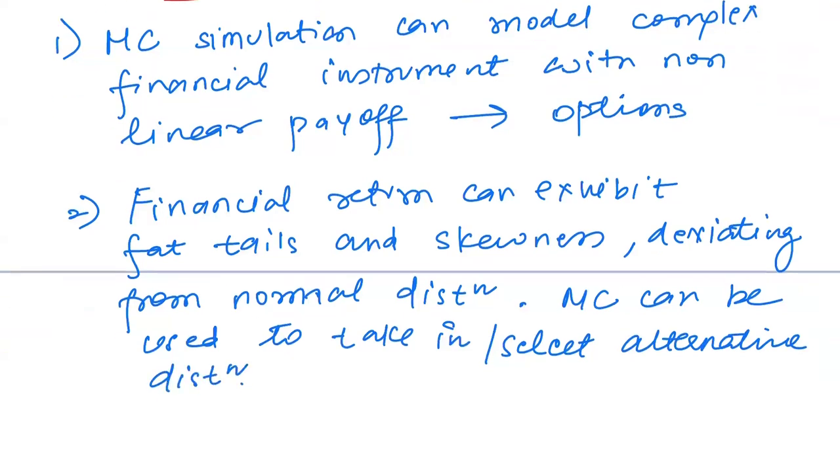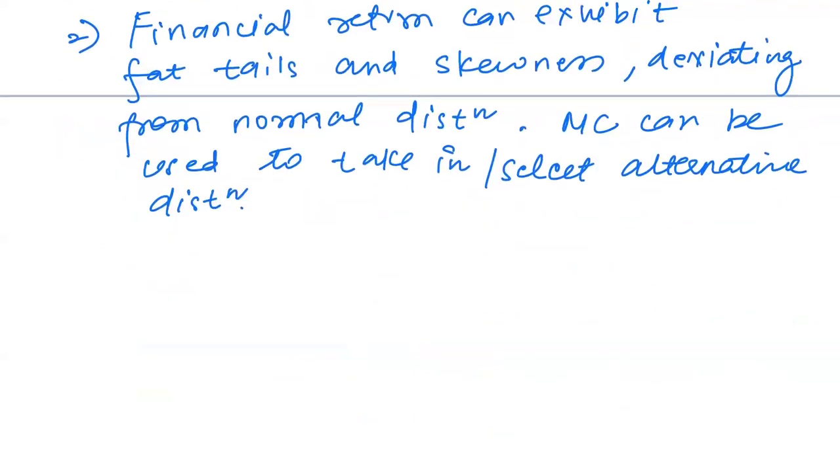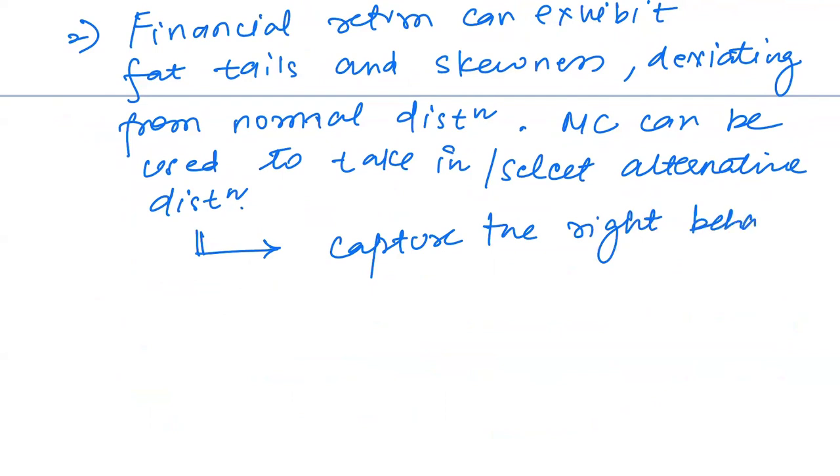When you take another distribution rather than the normal distribution, this helps you capture the right behavior of the assets. So this is the second reason.